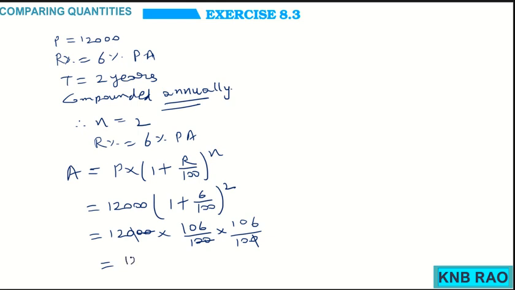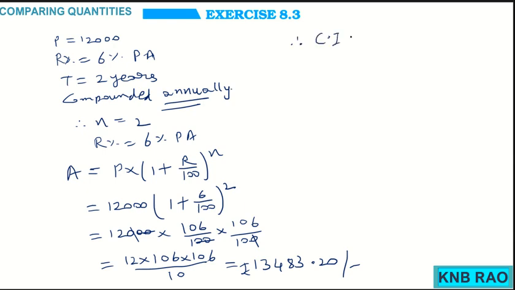You know how to calculate simple multiplications. You do them, and you will get the value 13,483 rupees 20 paise as the amount in the case of compound interest. Now you find, therefore, compound interest is again the difference between amount and principal.